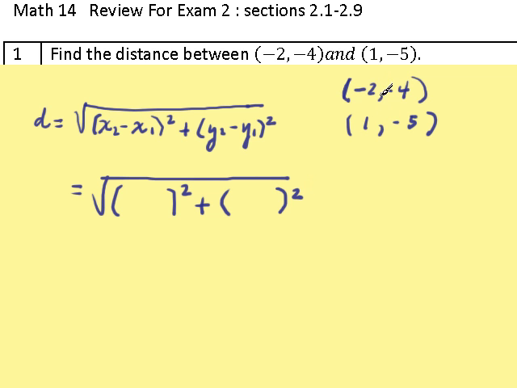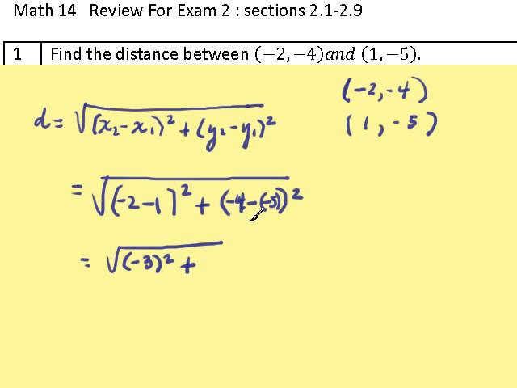So here are our x's, so we're going to do minus 2 minus 1. And here are our y's, minus 4 subtract minus 5. So this is minus 3 squared.